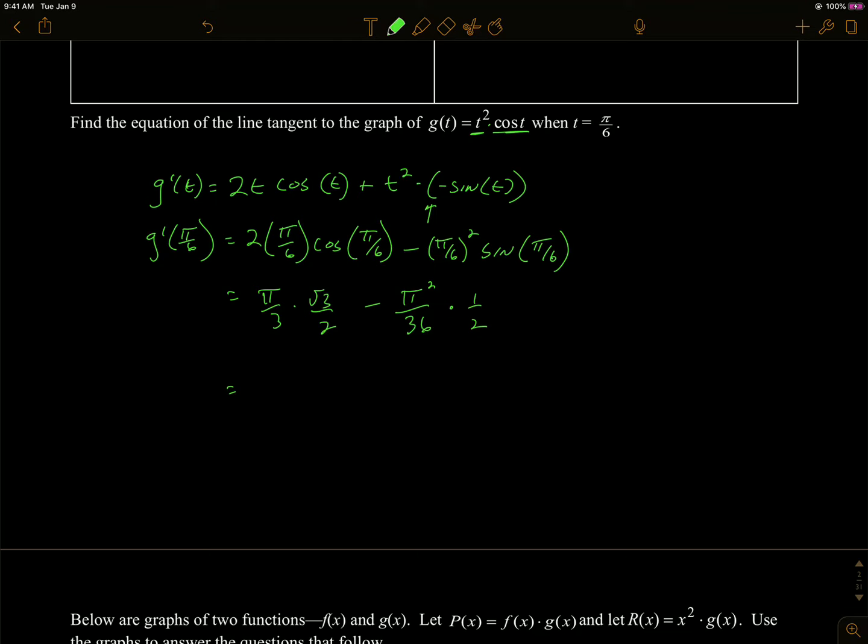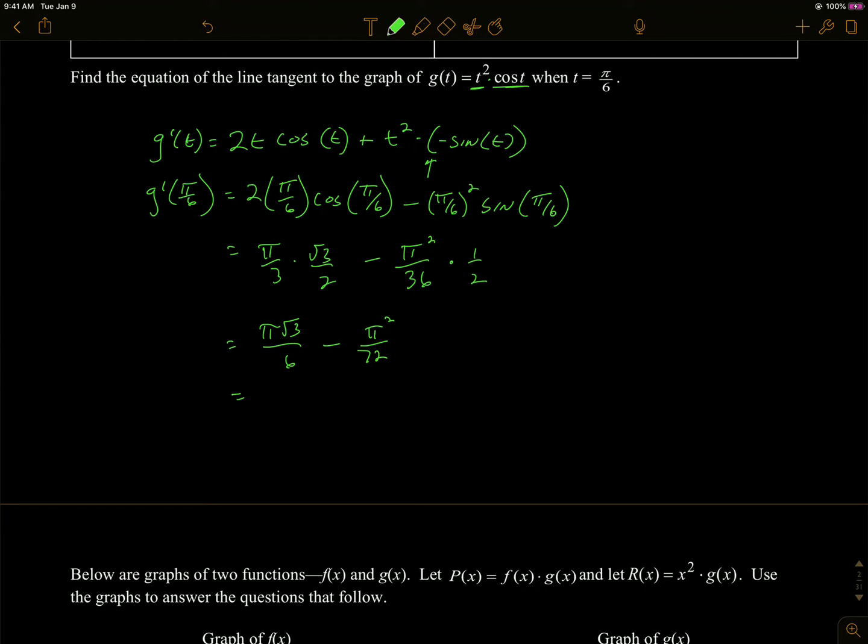So if I start simplifying this, I've got pi times root 3 over 6 minus pi squared over 72. Then I want to combine these with a common denominator of 72. That means I've got to multiply by 12 over 12.